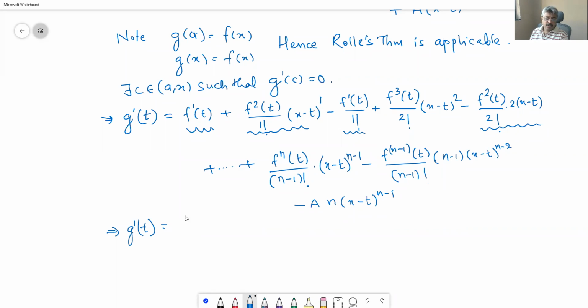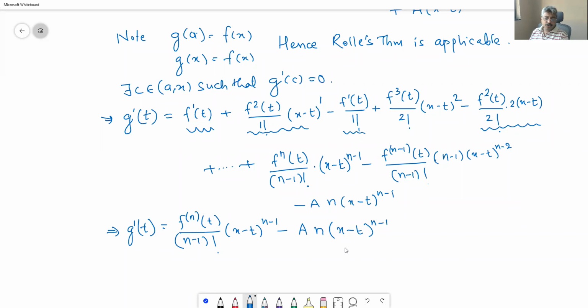So what do we have now? Nth derivative evaluated at t upon n minus 1 factorial into x minus t raised to n minus 1 minus a times n times x minus t raised to n minus 1.